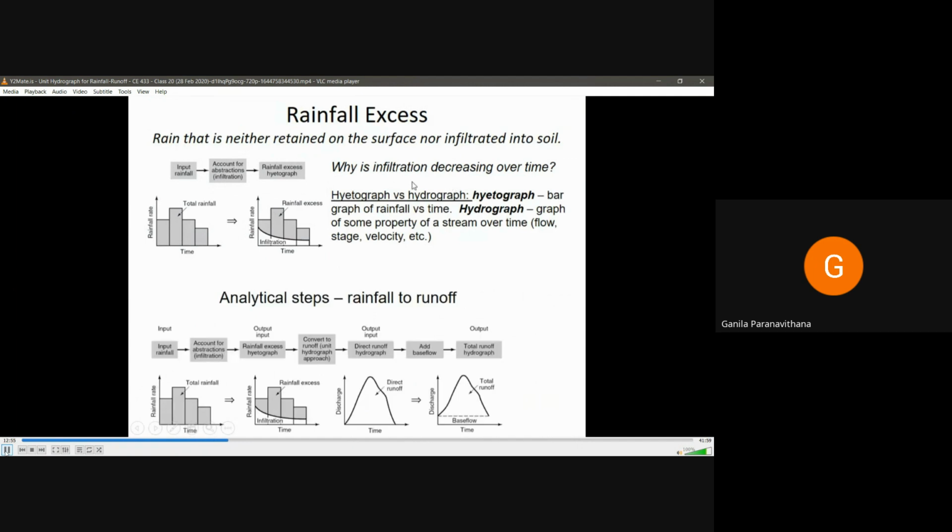Now, what we want to do is connect the dots between measuring rainfall, knowing how much of that rainfall is going to be abstracted, meaning surface wetting mostly, and how much is going to be infiltrated, because the difference between rainfall and the abstraction and infiltration is rainfall excess.